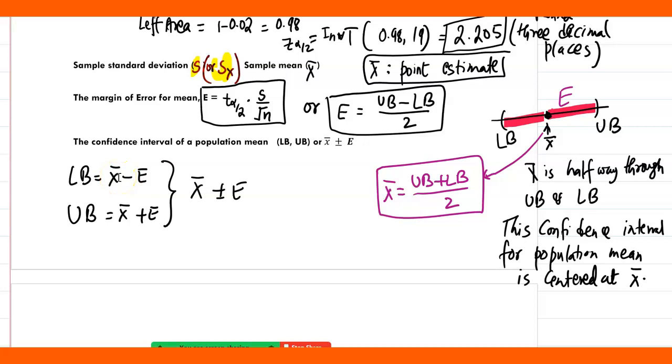That's the confidence interval. This is one format of the confidence interval, x bar plus minus e.